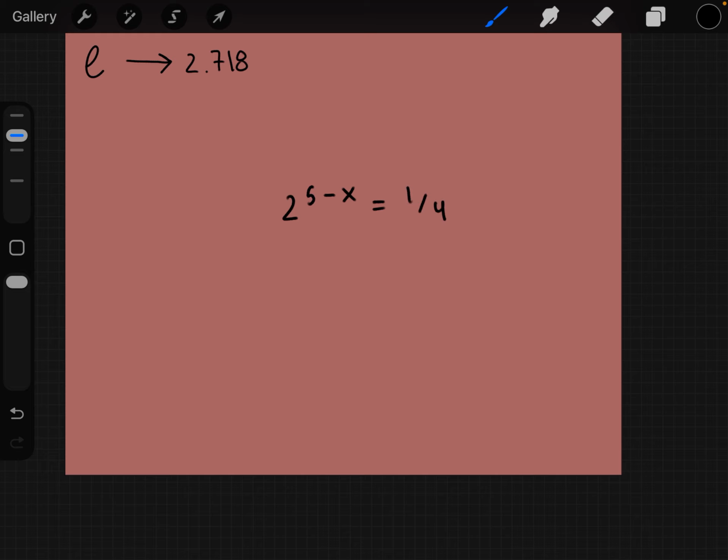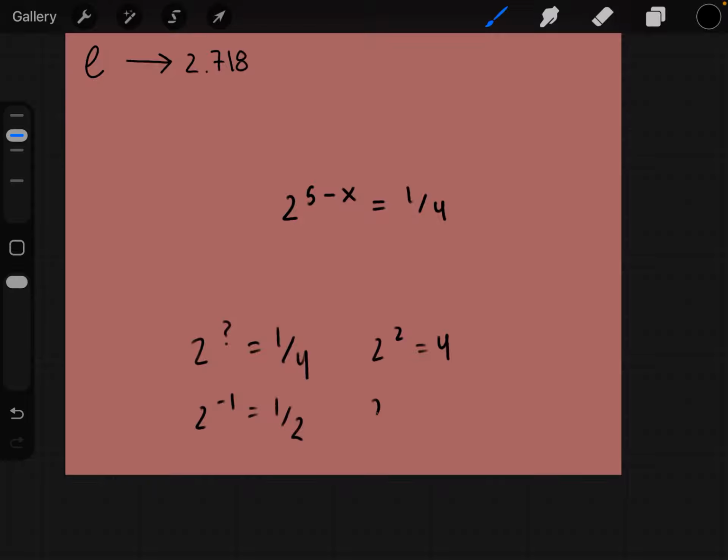Uh-oh. A fraction. But do not be scared. We know it must have a base of 2. So, if we raise 2 to what power? What power do we raise 2 to get 1 over 4? Well, we know 2 to negative 1 would get us 1/2. And 2 squared is 4.